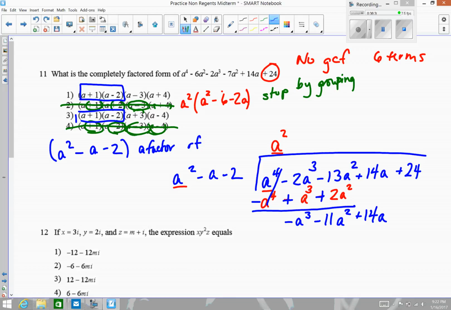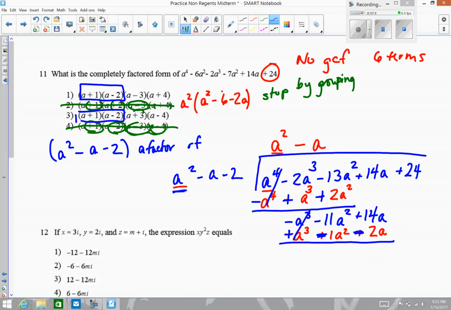Now what do we multiply a squared by to get negative a to the third? We multiply it by a negative a. And I've got to multiply negative a by all my terms. Negative a times a negative a gives us positive 1a squared. And negative a times negative 2 gives us a positive 2a. I need to distribute a negative sign and add vertically.